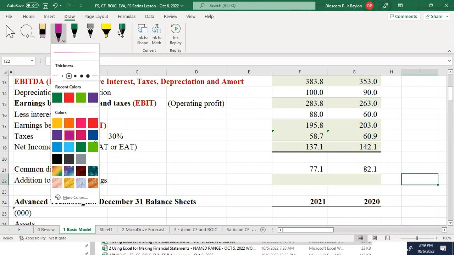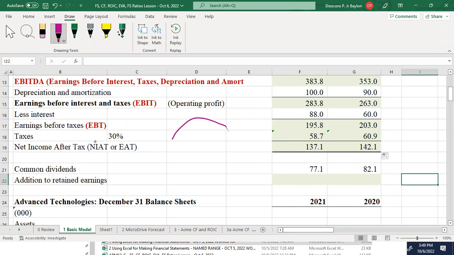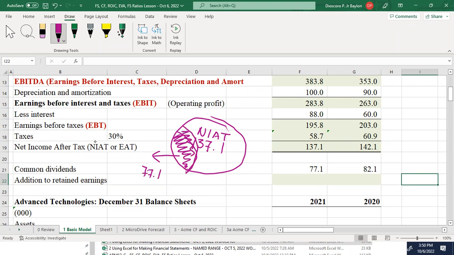So let's just quickly understand that. Here we have a pie. We have here your net income after tax, 137.1. So management has decided that a portion of this will be distributed as dividends, 77.1. Sorry that the dividends share is not proportional.